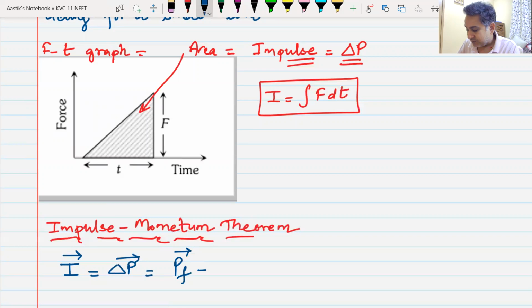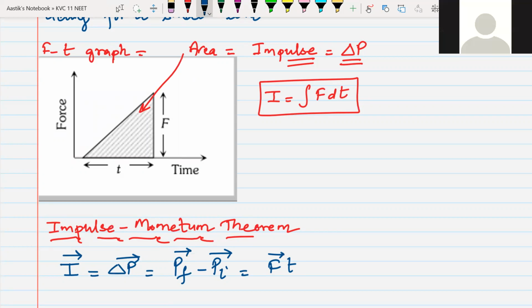Final momentum minus initial momentum is your impulse, which is nothing but F multiplied by T. This statement is known as the impulse momentum theorem. Do we understand this? Yes or no? I'll give you 2 minutes to note this down.